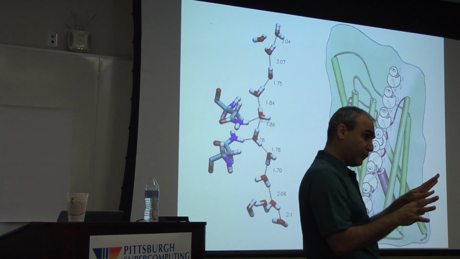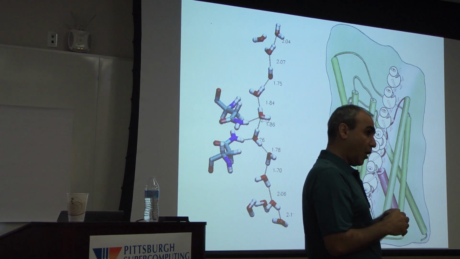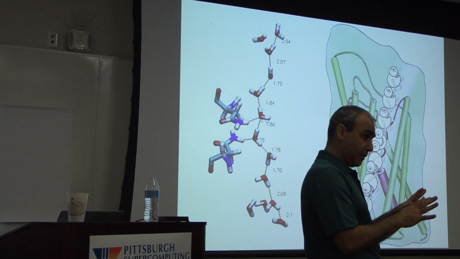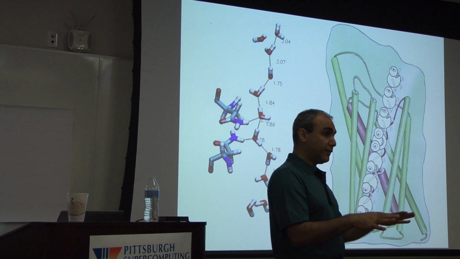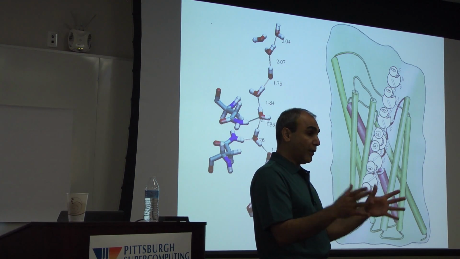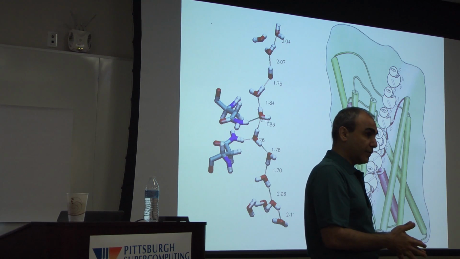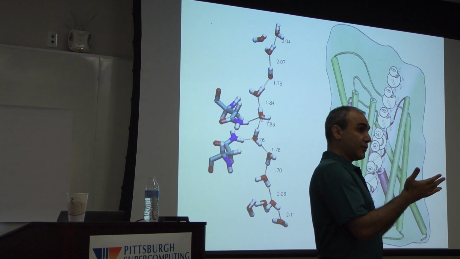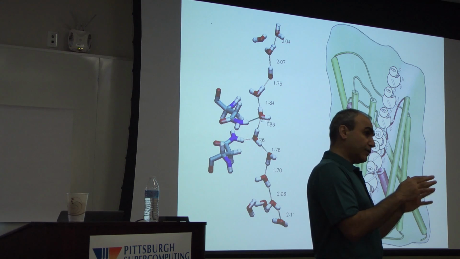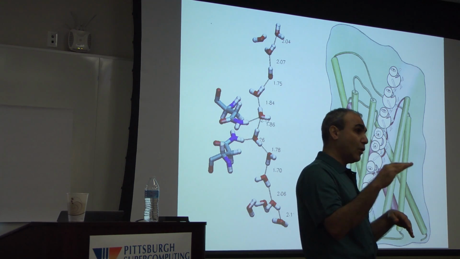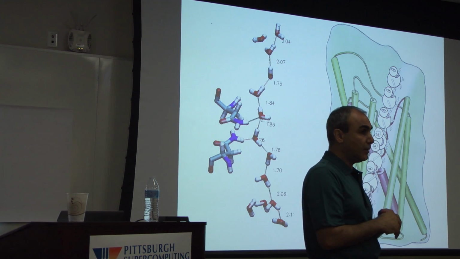You have to minimize to remove these hot spots, so to say. Is that clear? Then when you minimize, at some point you have to introduce the temperature. You have to bring kinetic energy to the system, right? So that's the thermalization.